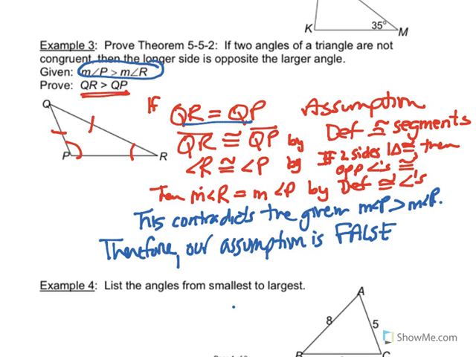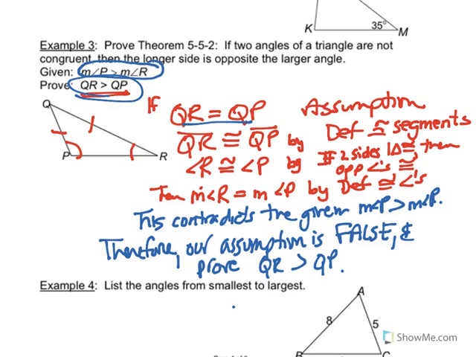This is false. And so we prove QR is greater than QP, the original prove. Okay, good.